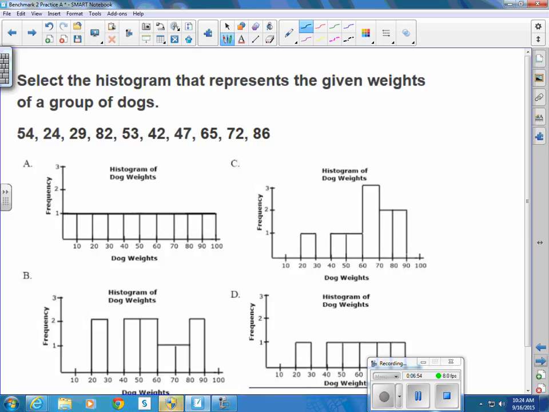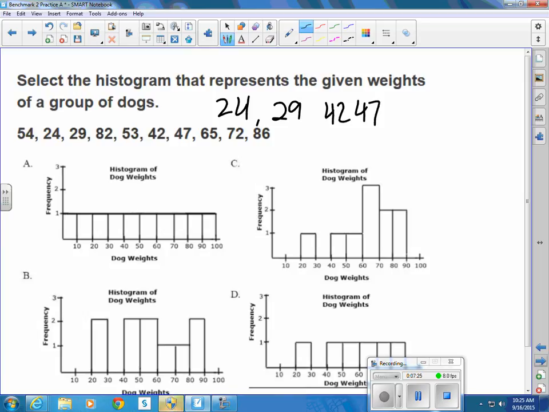Select the histogram that represents the given weights of a group of dogs. So let's put those numbers in order. Oh, yeah, so we have a 29. Oh, there's a 24. There's a 42 and a 47.